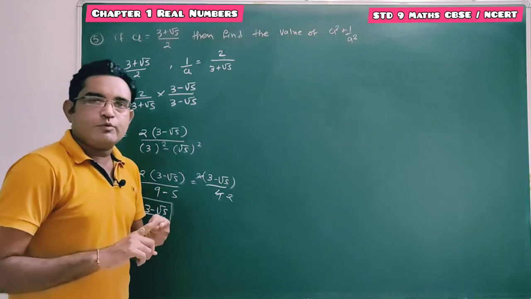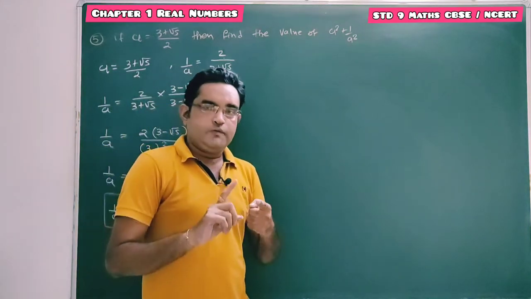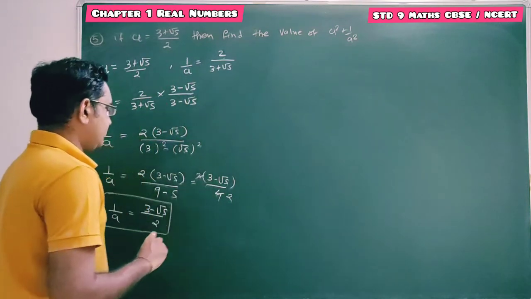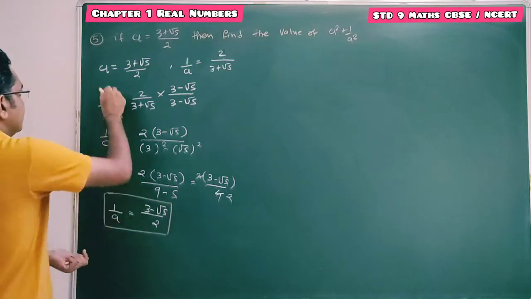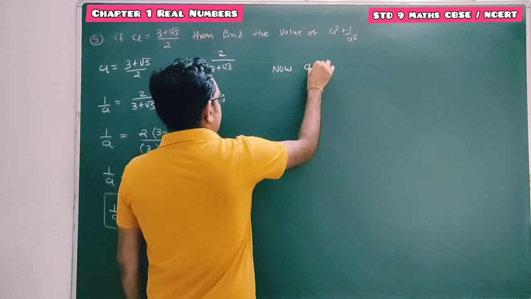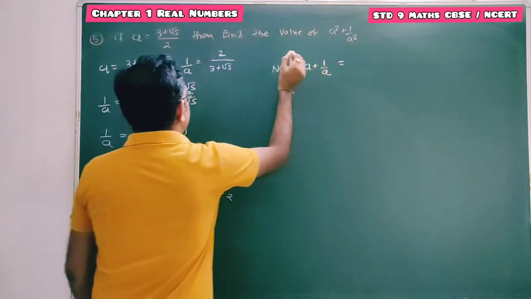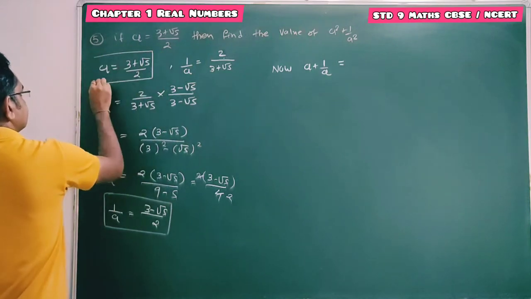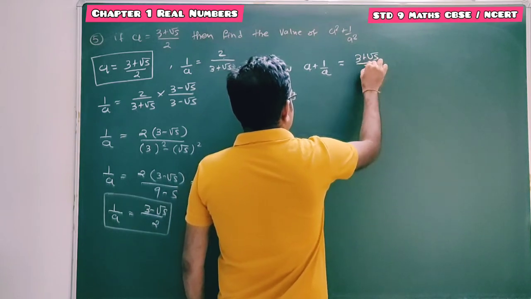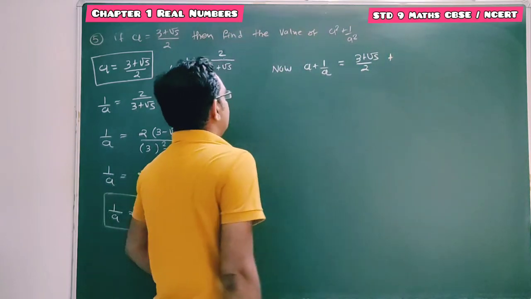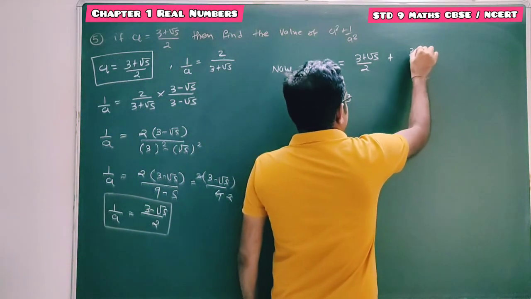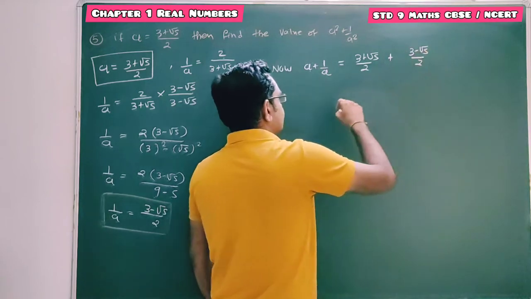Clear? So in this type of sum, whenever a is given, and if you want to find a square plus 1 upon a square, first we will find a plus 1 upon a. So now students, what is the value of a plus 1 upon a? A is given, which is 3 plus root 5 by 2, plus 1 upon a that we have derived, which is equal to 3 minus root 5 by 2.